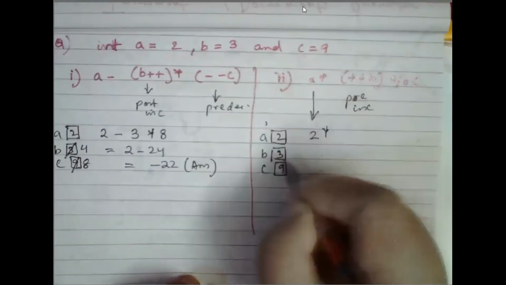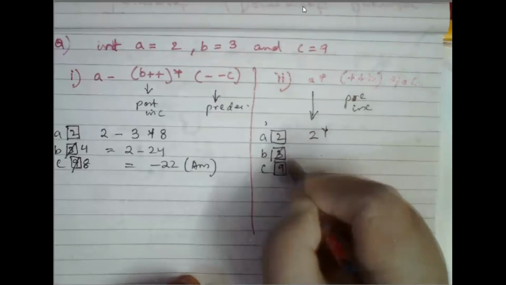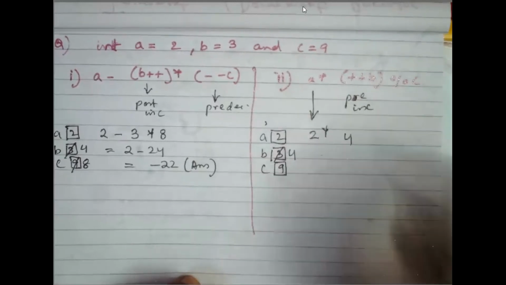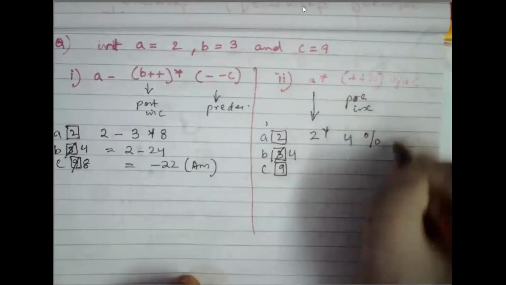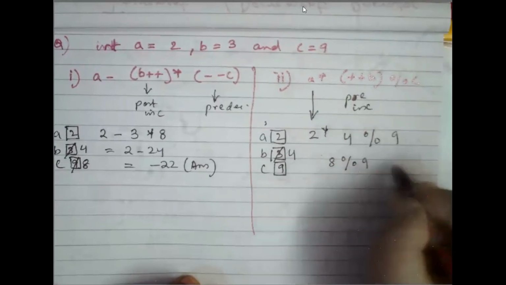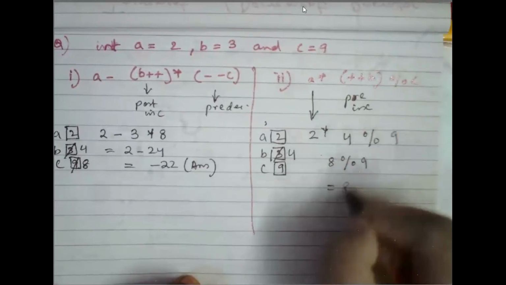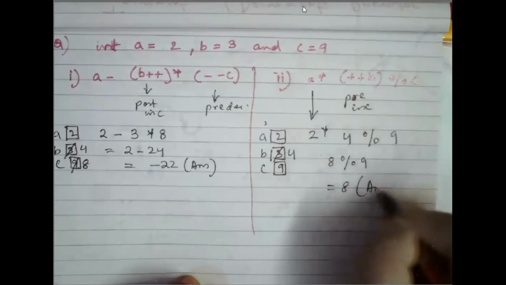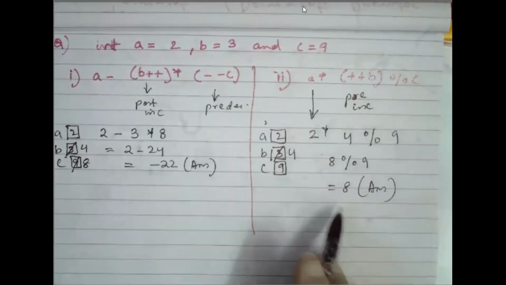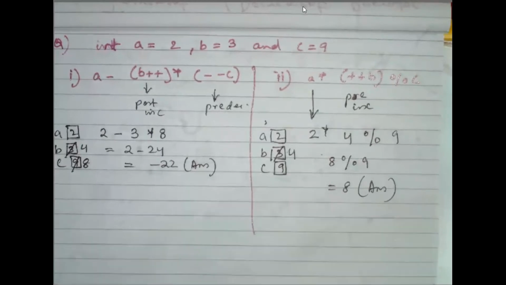So over here, first it will increase 3 to 4, so I'll get the value 4 over here, modular C. C's value is 9. So 2 into 4 is 8. So 8 modulus 9 will give you the result 8. As you know, modulus gives you the remainder. So the answer for this question is minus 22 and for this question it is equal to 8.